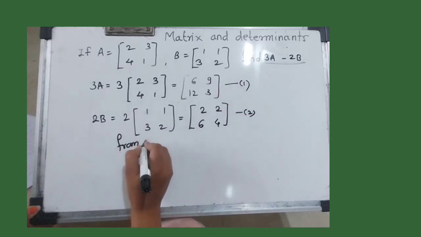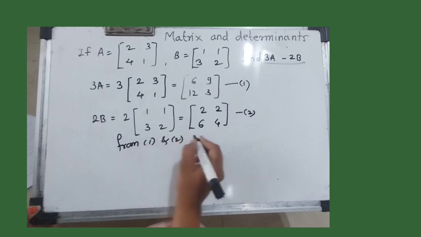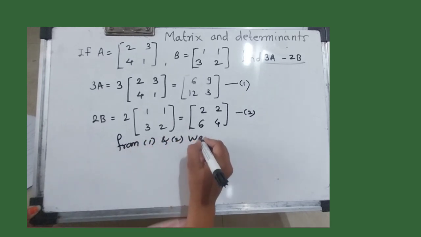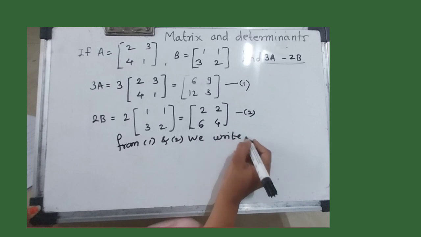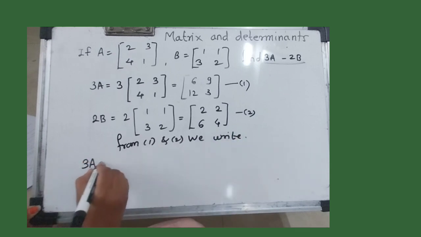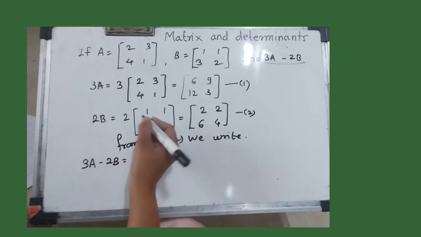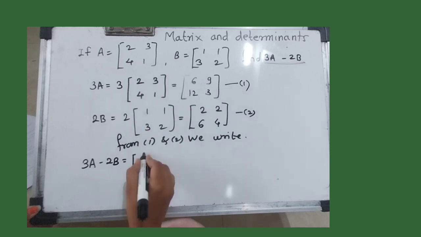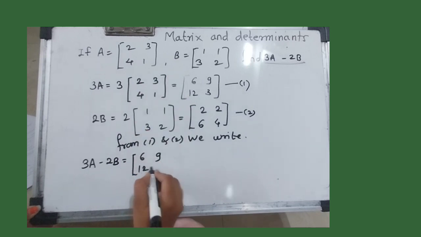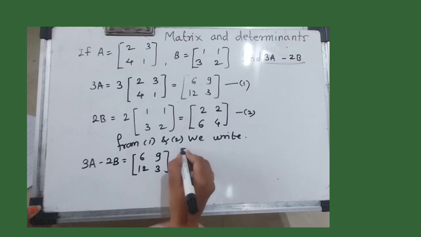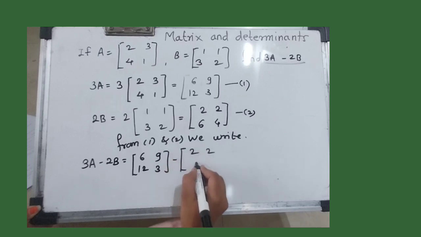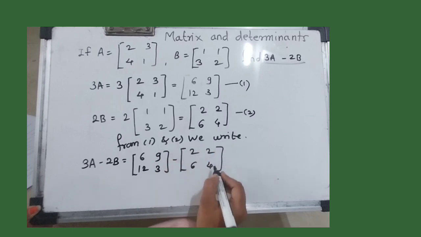Now from equations 1 and 2, we write thrice A minus twice B. Thrice A is this, 6, 9, 12, 3. 2B is 2, 2, 6, 4. See how simple it is.